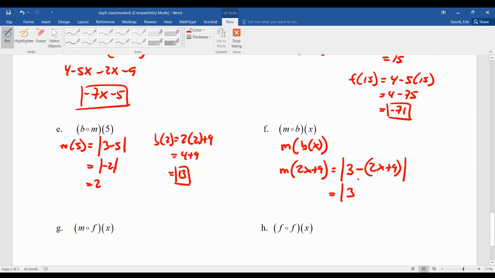So now you distribute the negative 1. So you get minus 2x minus 9. Combine like terms. Nothing to combine with the 2x. And 3 minus 9 is negative 6. Now the absolute value bars are still there. We can't do anything with that. We're actually done.